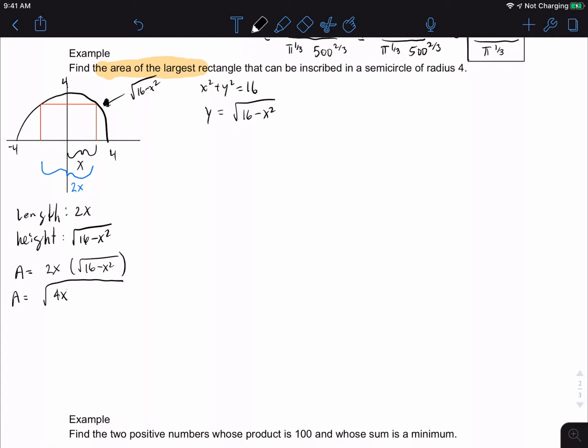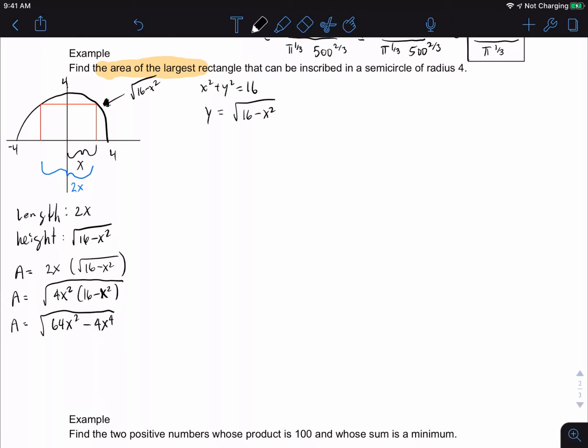So I'm going to get 4x squared times 16 minus x squared, right? Because anything that gets put into the root gets squared. And then when I distribute, I'm going to get the square root of 64x squared minus 4x to the fourth.